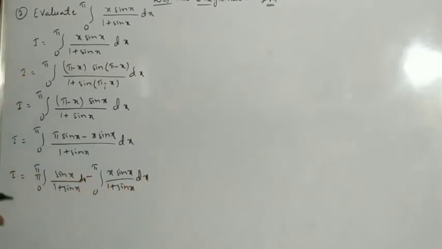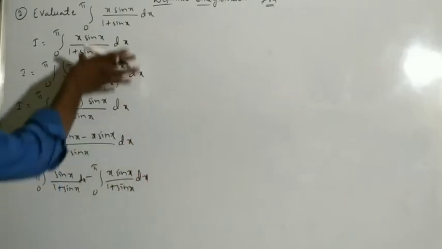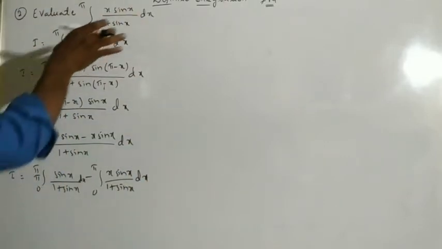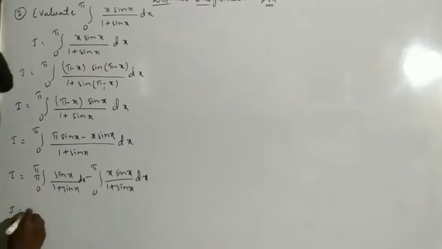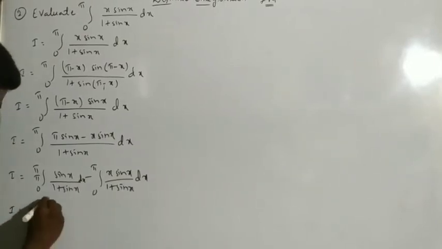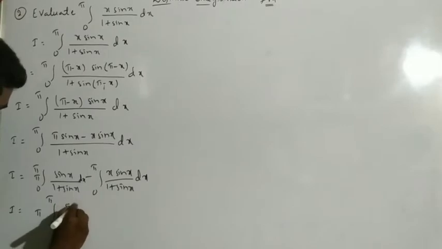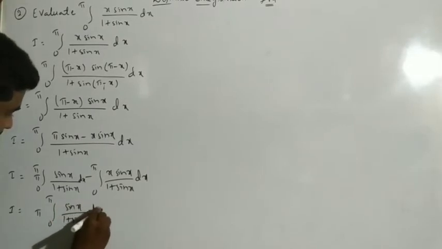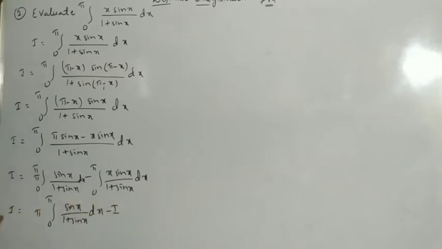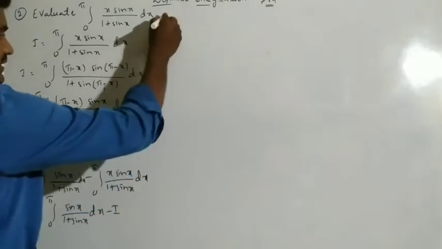Here also dx is there, and once you observe it is like the first question, so we have taken I, so it becomes I equals pi into integral from 0 to pi of sin x by 1 plus sin x dx minus I. Minus I, when you take to the left side, that becomes I plus I. I plus I equals 2I we can write.